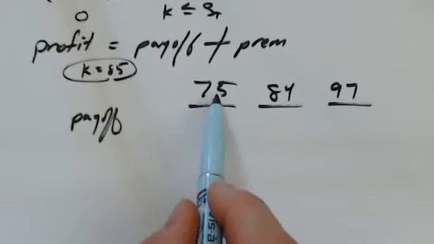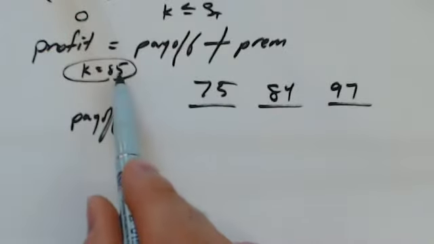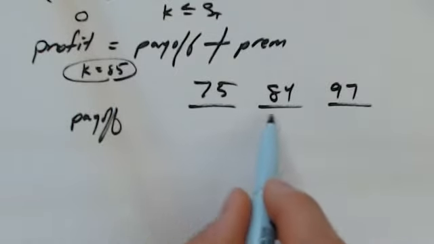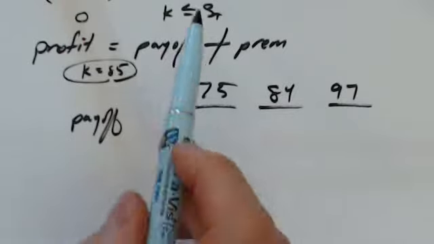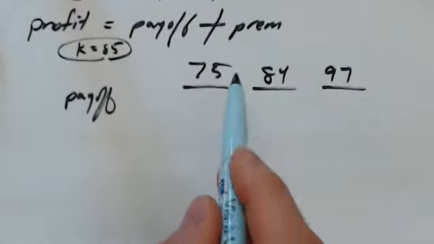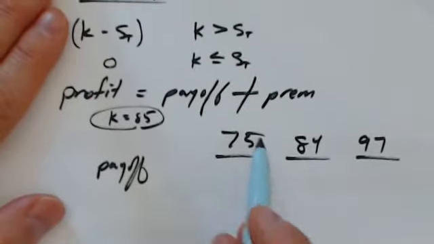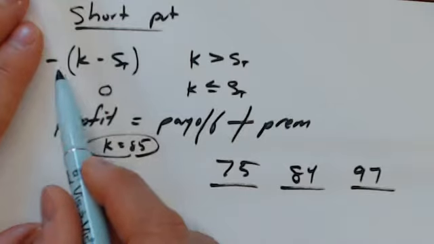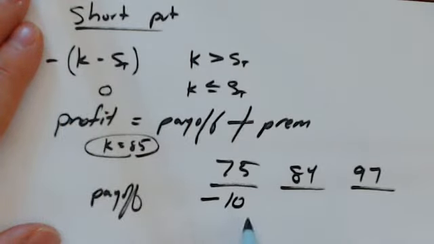They can buy the shares at 75 in the open market, turn around and sell them for 85 upon the exercise. Okay, that's the holder's perspective. But here we're short the put. So that $10 gain, 85 minus 75, a $10 gain to the holder turns out to be the loss to us.